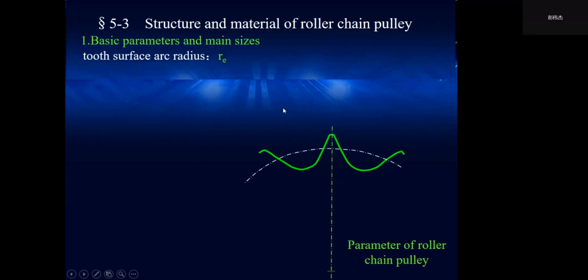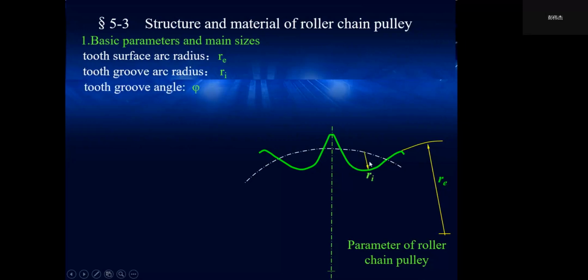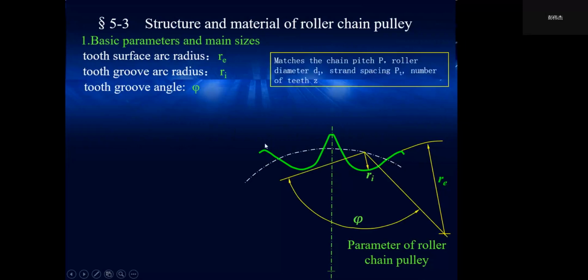And for the roller chain sprocket, the basic parameters include the tooth surface arc radius re, and the tooth groove arc radius ri, and tooth groove angle phi.